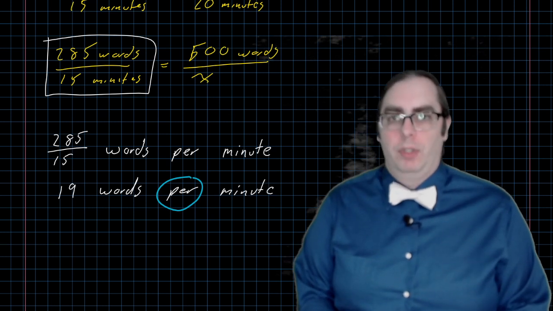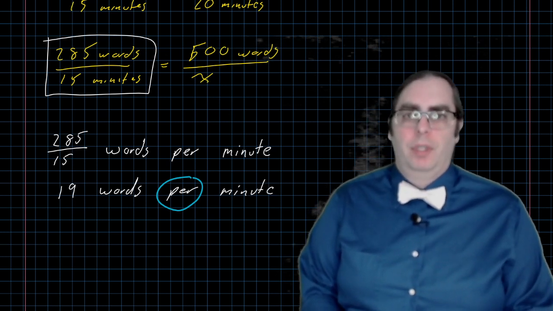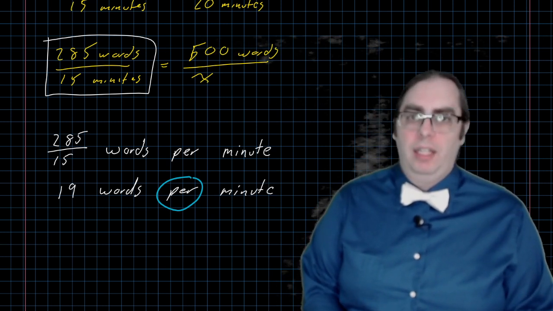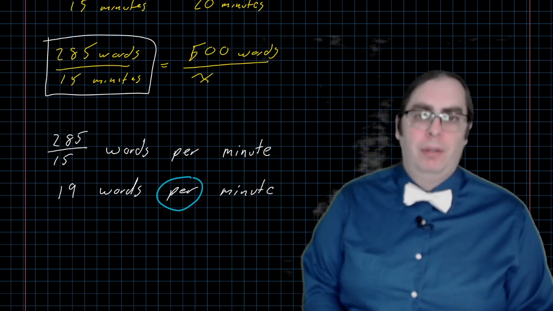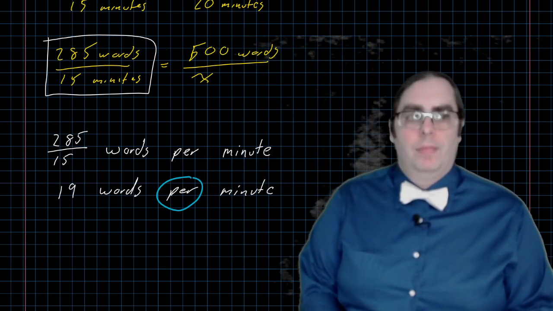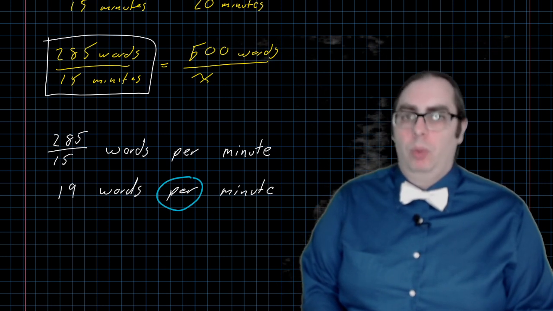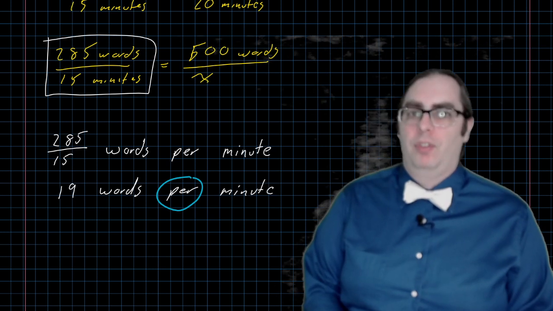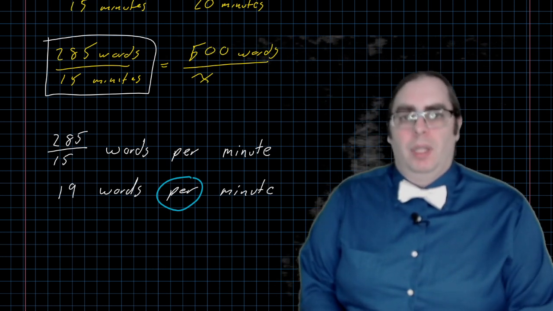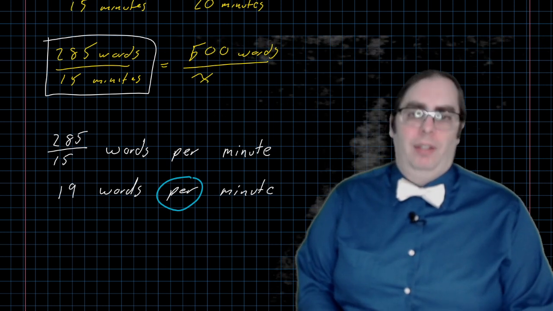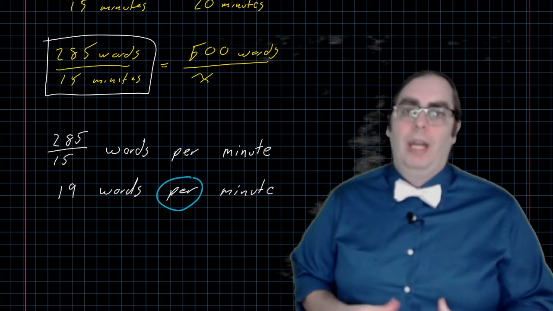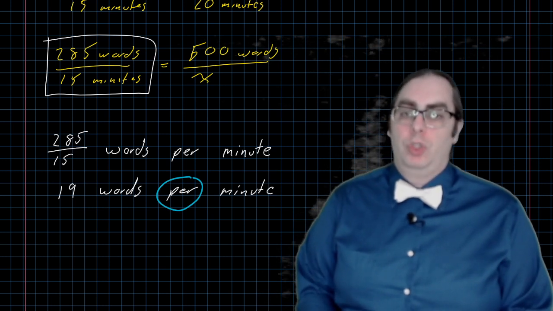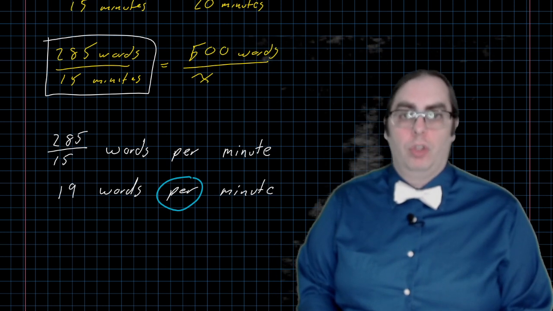The fuel economy of your car in miles per gallon. The cost of salami at the deli in dollars per pound. The rate at which you are able to download this video in order to watch it in bits per second. Rates show up all over the place. And once you have unit rates, you can start using them as a shortcut measure for solving proportions.